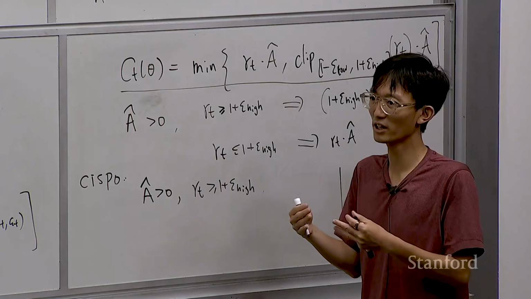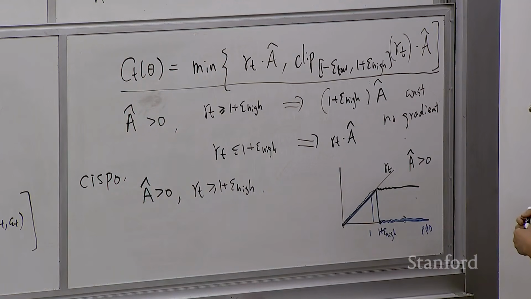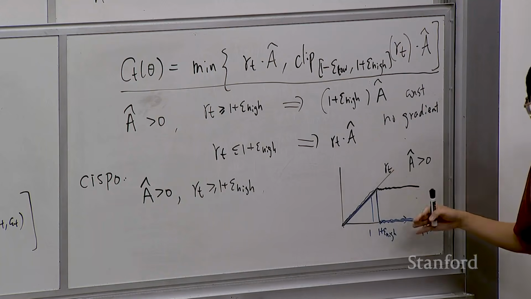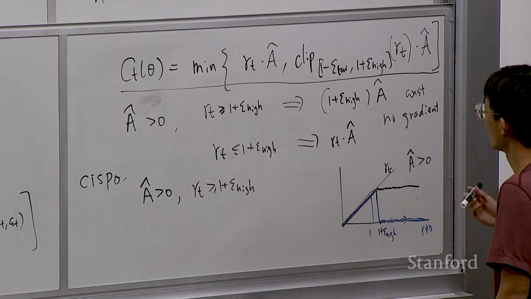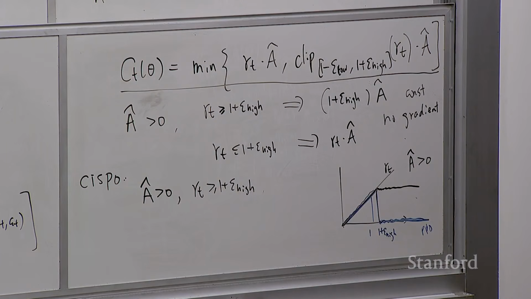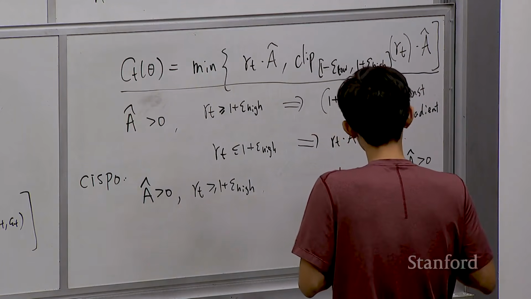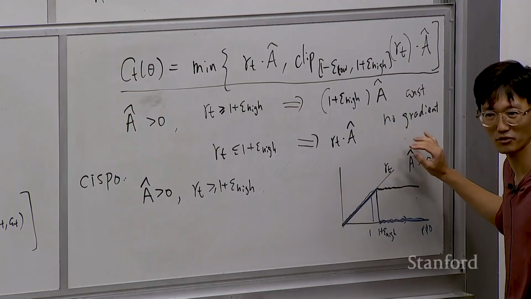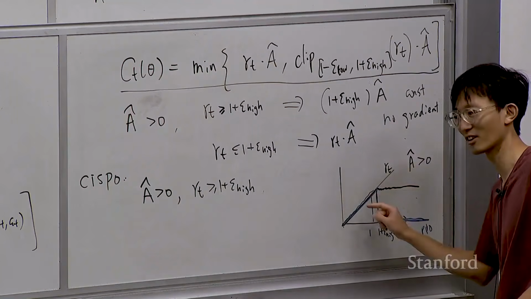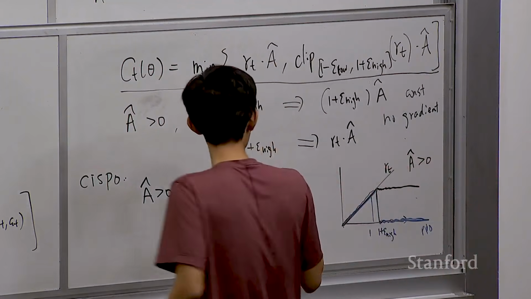In some sense you clip the value, but you don't drop it. You still keep some kind of gradient. Basically you still have some learning, but the learning is not as aggressive as before, comparing to this linear line. And so that's one change.